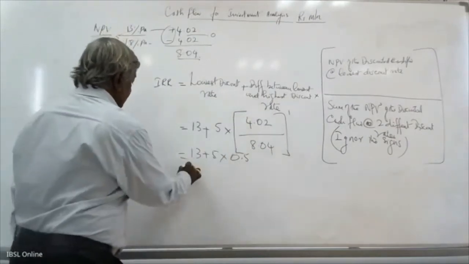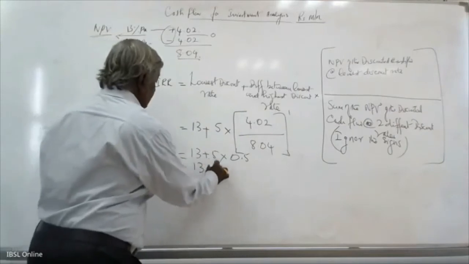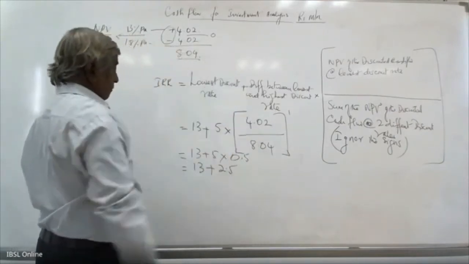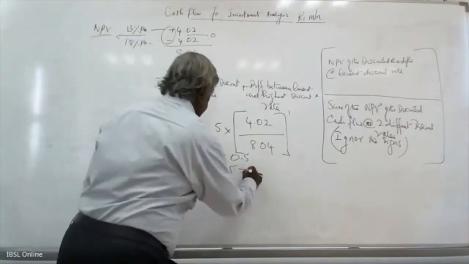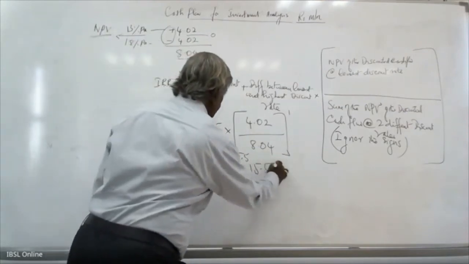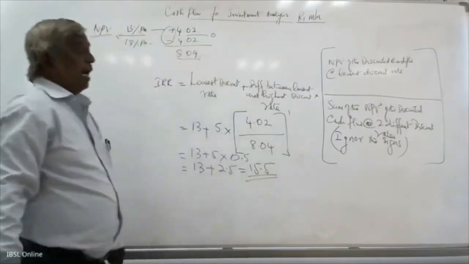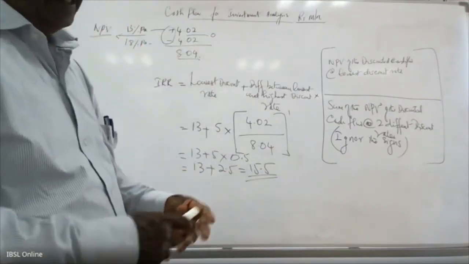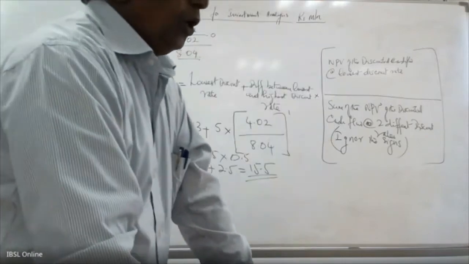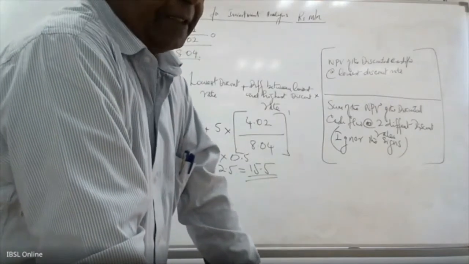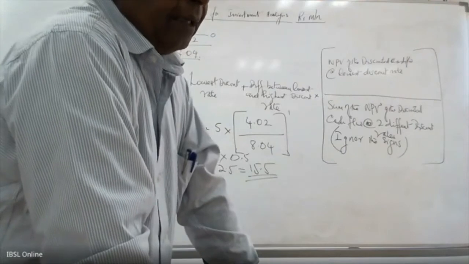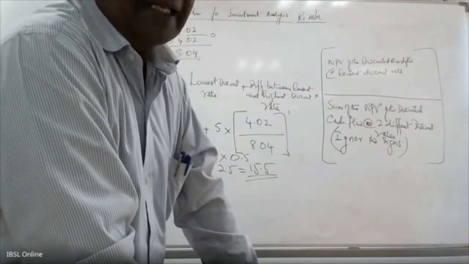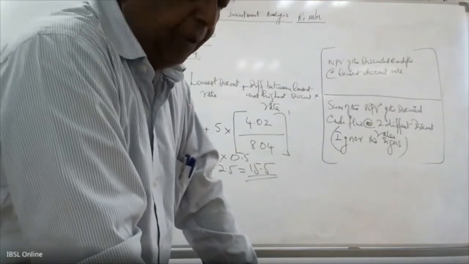Now this is equal to 13 plus 5 into 0.5, 2.5. So that is equal to 15.5. So IRR in this example is 15.5. That means if they borrow the funds at more than the 15.5 interest rate, then the project is not worthy.